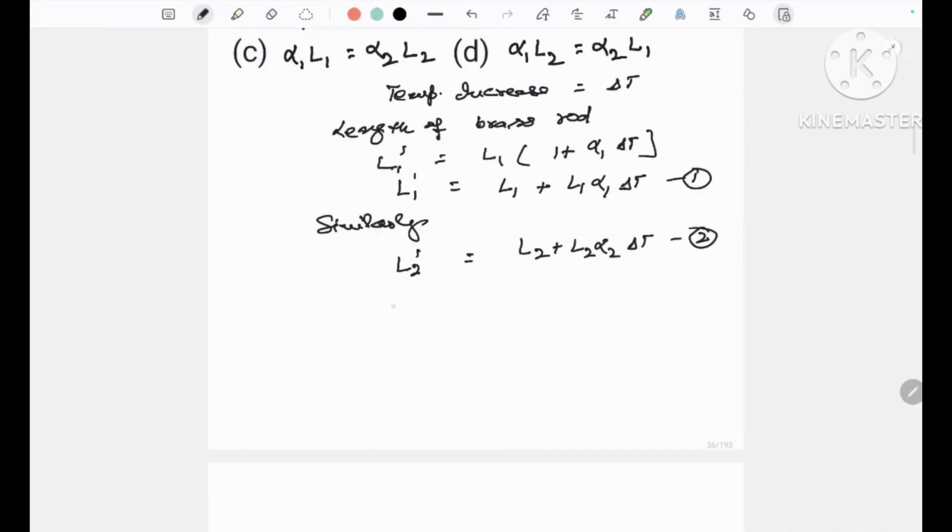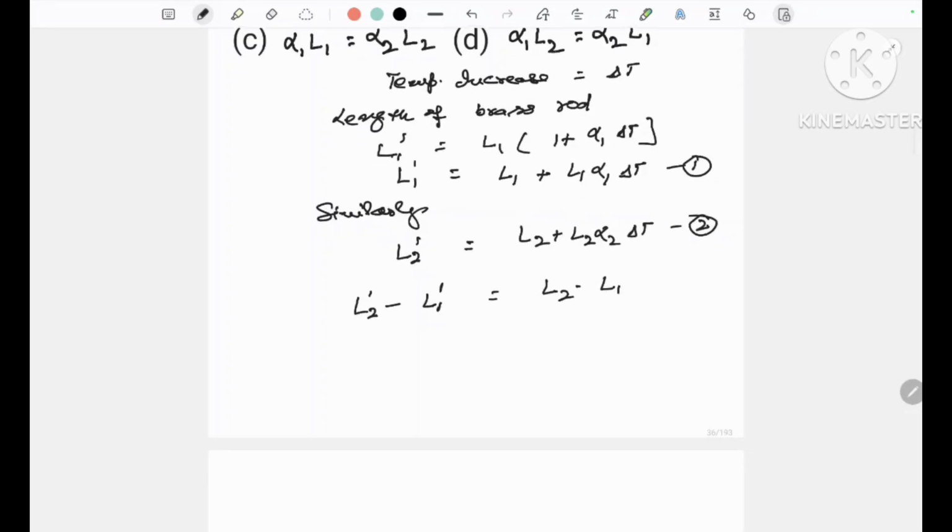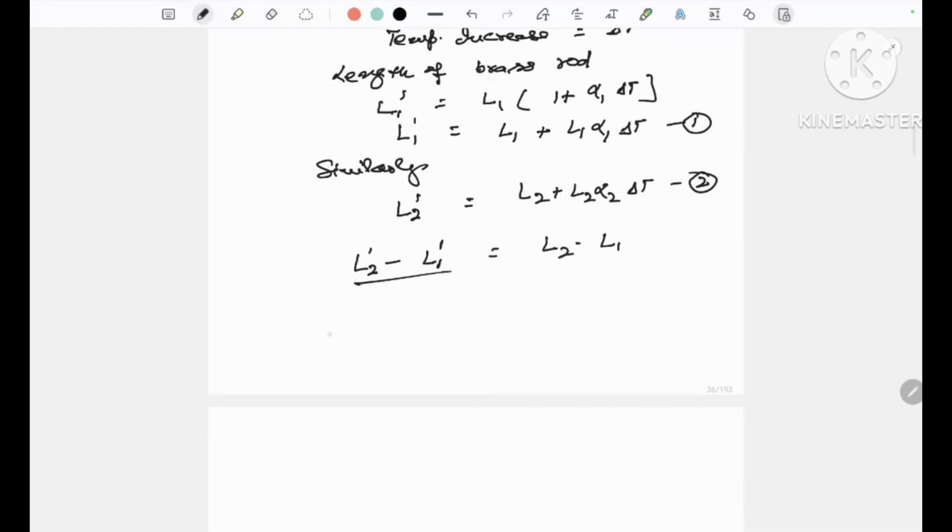The difference of length is maintained. L2 dash minus L1 dash is L2 minus L1. Here we put the values from equations number 2 and 1. L2 plus L2 alpha 2 delta T minus (L1 plus L1 alpha 1 delta T) will be equal to L2 minus L1.